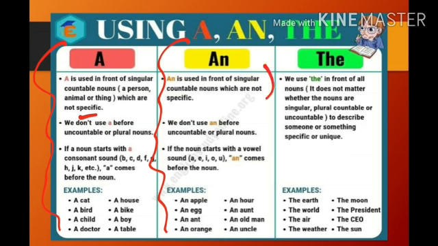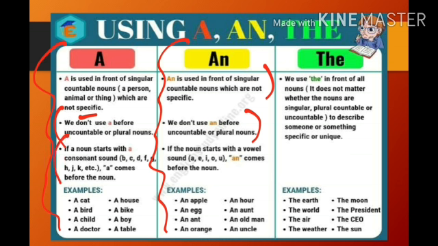Countable nouns means the nouns that we are able to count. A और an कोई भी uncountable noun के पहले नहीं बैठता है. Okay, they are used with singular countable nouns. We don't use a before uncountable or plural nouns. So I have already told that we are not supposed to use a or an before any uncountable or plural nouns.